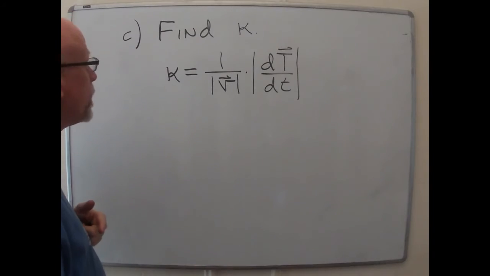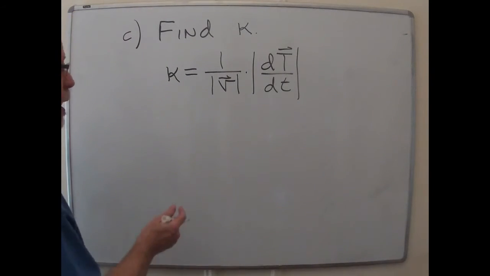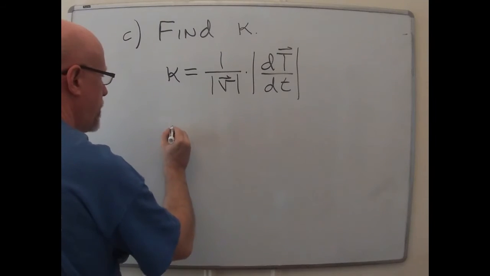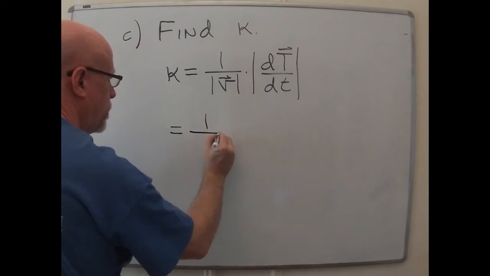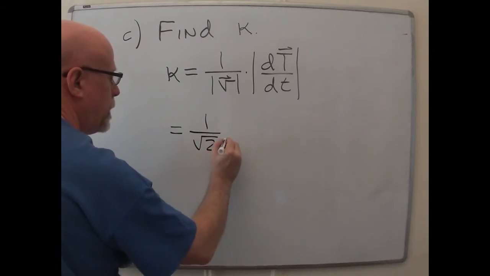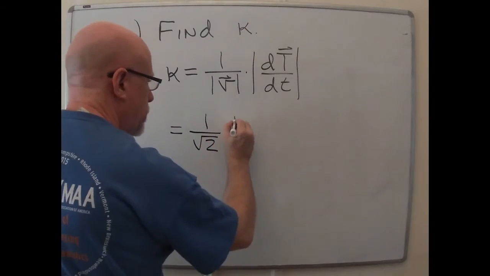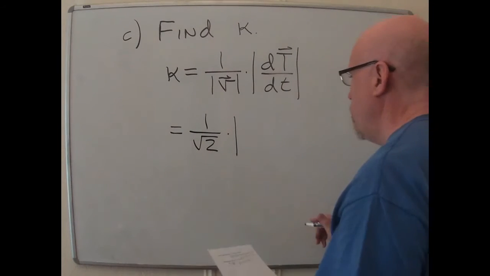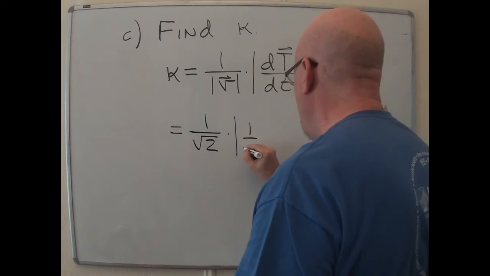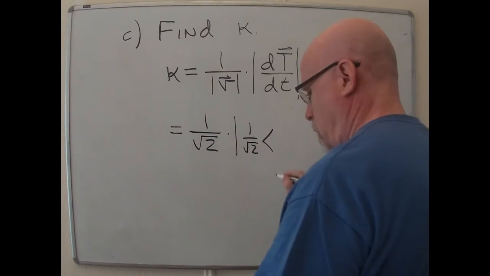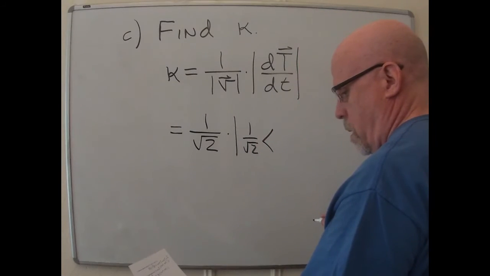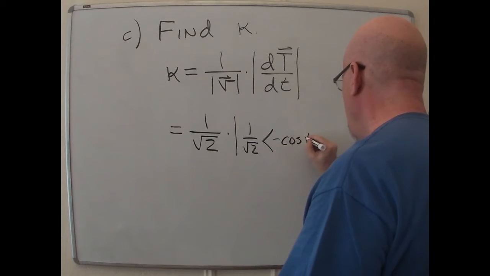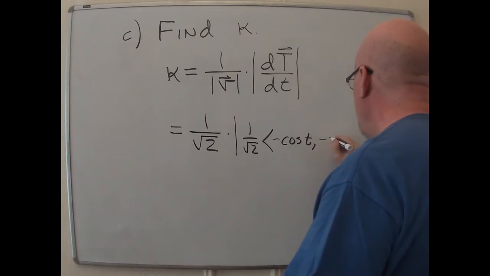There's another one that we'll look at in a second, but let's do it this way. We actually have these elements. The speed was root 2, so that's 1 over root 2. And dt was 1 over root 2 times negative cos t, negative sine t, and 0.